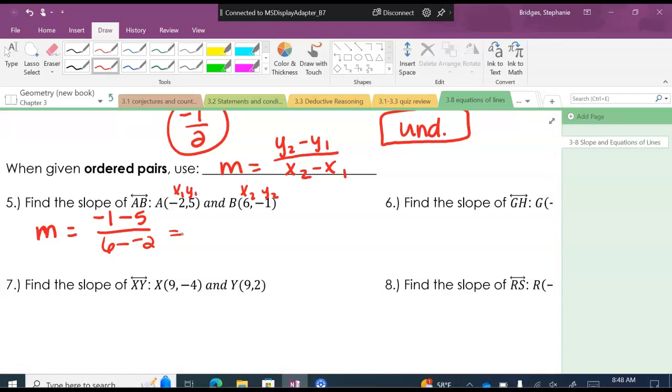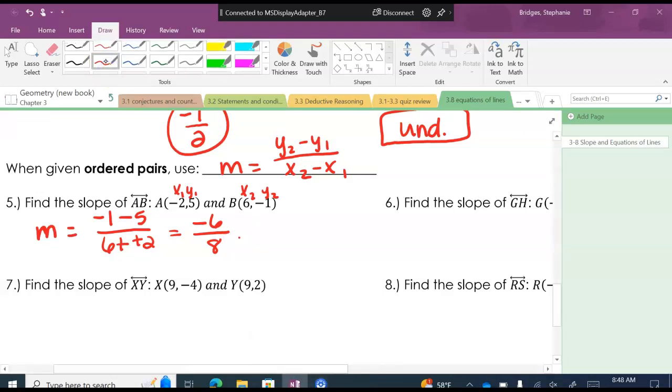What is -1 minus 5? -6. And then if I do 6 minus a negative, anytime you minus a negative, what does it turn? Positive. And what's 6 plus 2? 8. All right. And then we just try to reduce. Do 6 and 8 have anything in common? Yeah, they can both divide by 2.